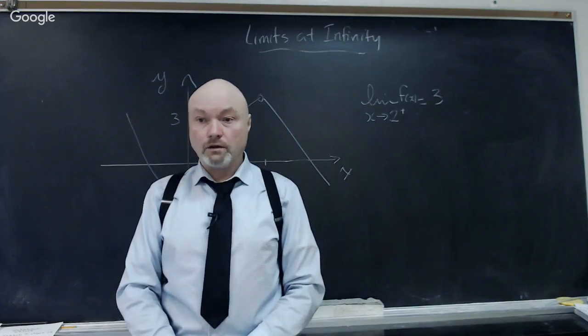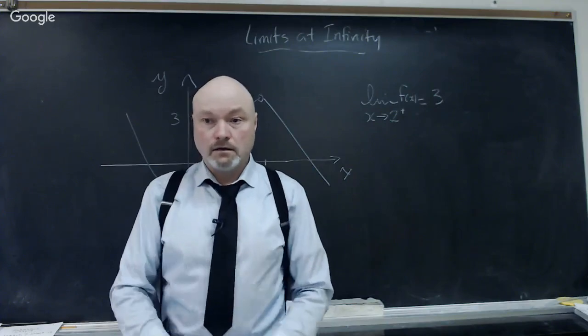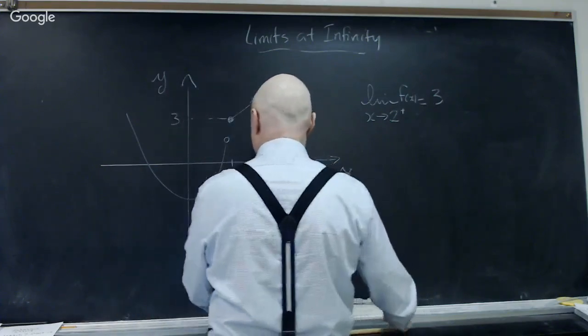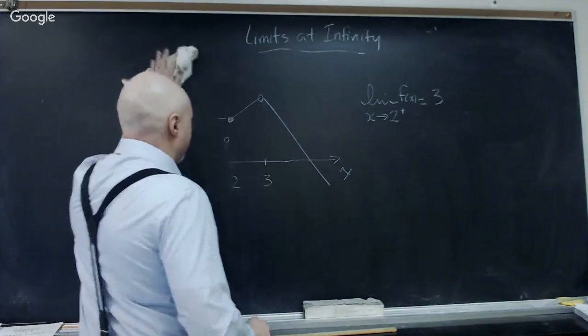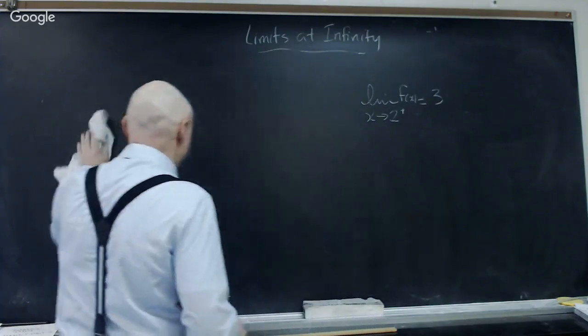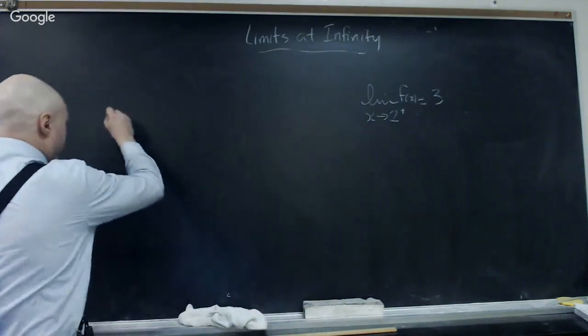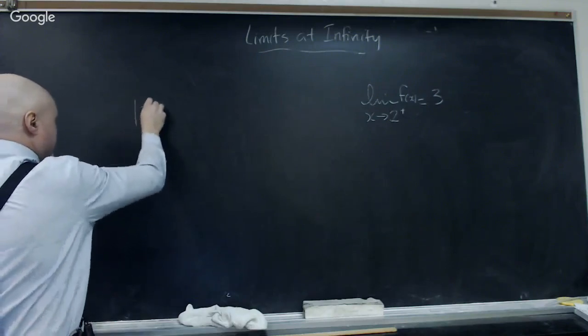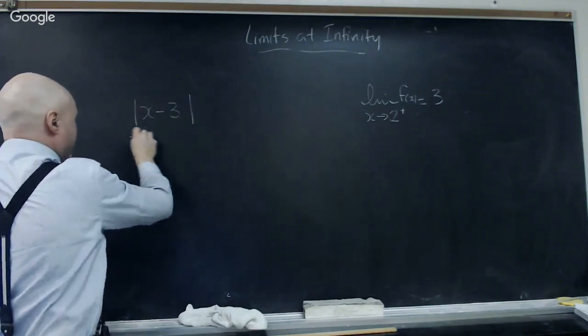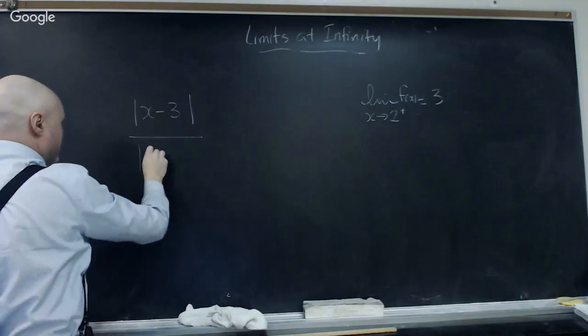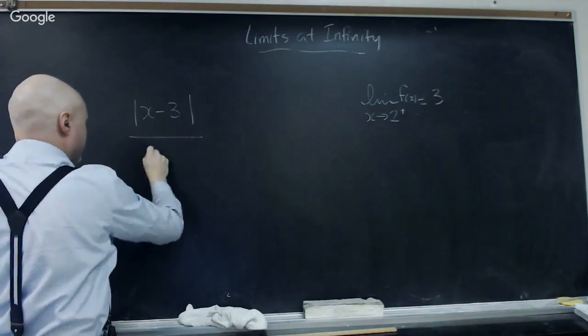Okay. Oh, the last tricky thing. You will also need to deal with a question that looks like this. So the absolute value of x minus 3 over regular x minus 3.